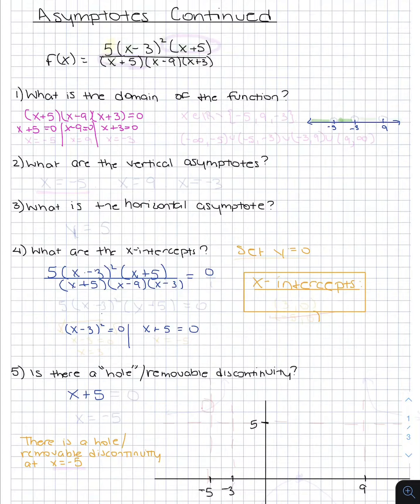By solving each one for x, we get that x is equal to negative 5, x is equal to 9, and x is equal to negative 3. So if we plug in any of these values for x, the denominator will equal 0. This means that for our domain, x can be all the real numbers except negative 5, 9, and negative 3.